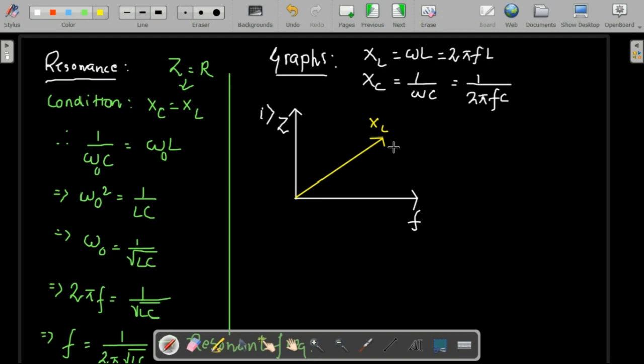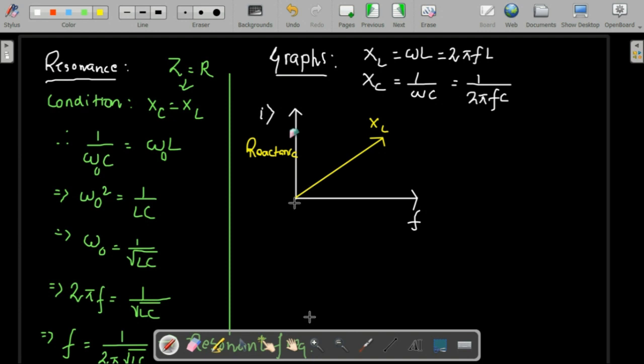On the other hand, let me write it down as reactance, I think that would be a much better word here. It depends on which factor you are considering. So for XL, it is XL versus frequency.